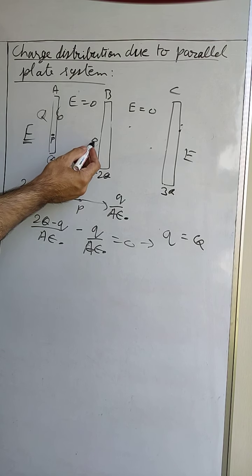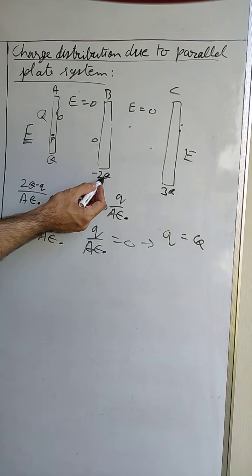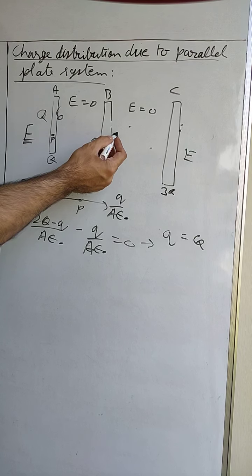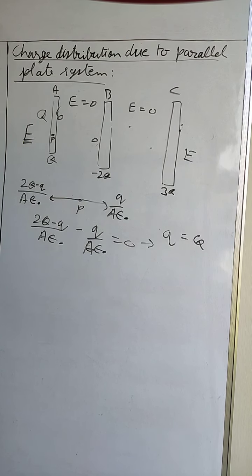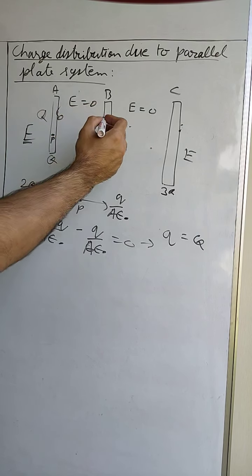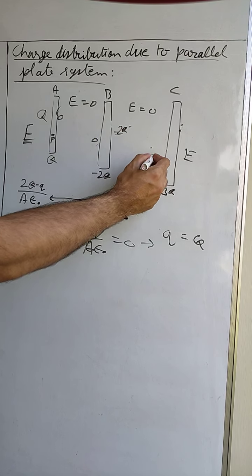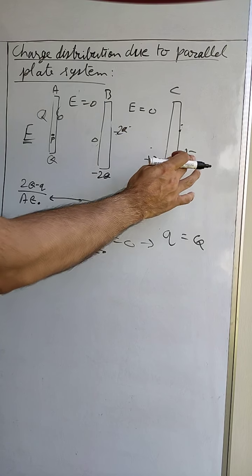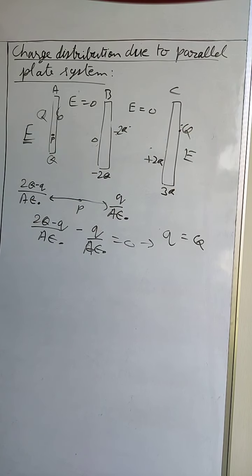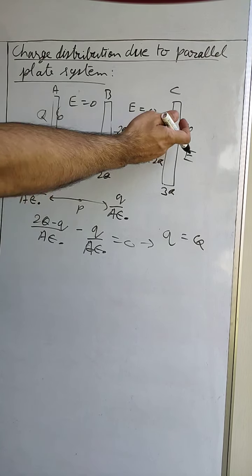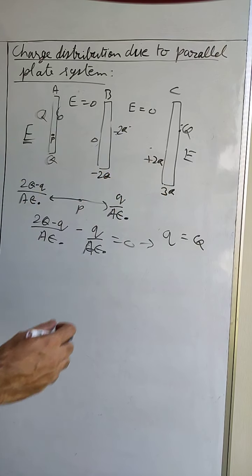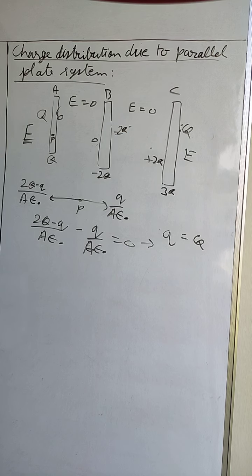Then if 0 is on this surface and minus 2Q is the total charge, what should be the charge here? It should be equal to minus 2Q here, and because of this, minus 2Q, plus 2Q will be here, and capital Q will be as it already was. So this is the final distribution of charges, and this is how we find out the charge distribution and the electric field in a parallel plate system.